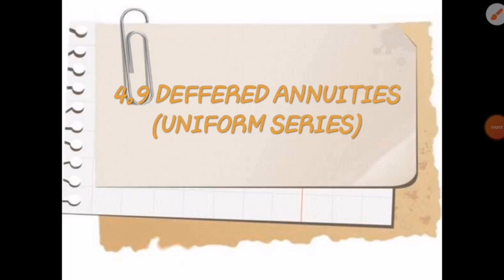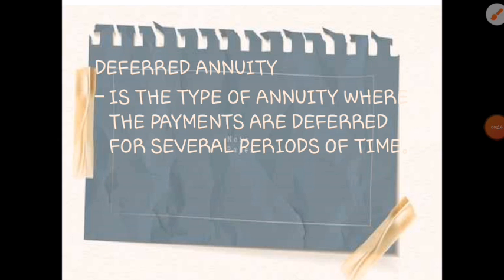Point 9, deferred annuities, uniform series. From the word deferred annuity, it is the type of annuity where the payments are deferred for several periods of time. So from the word itself, the first several periods of payment are put off, unlike an ordinary annuity where the payment starts at the end of the first period.